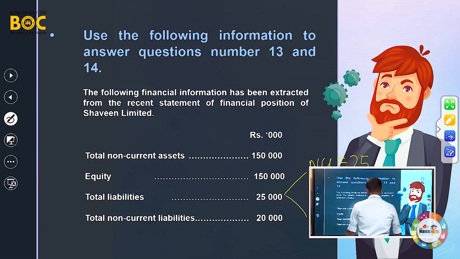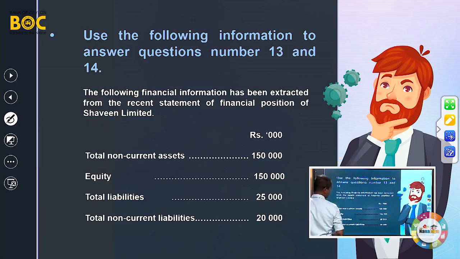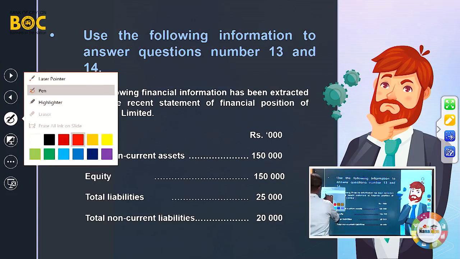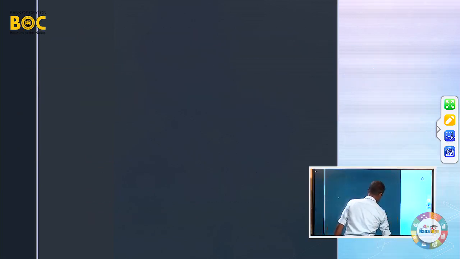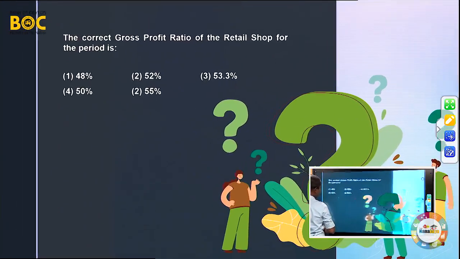The total liabilities given as 25 million. Now the current liabilities we can find. So in this company, total liabilities 25 million.